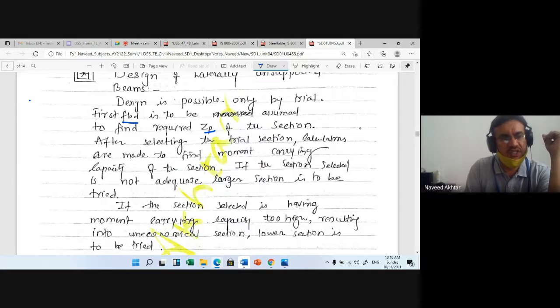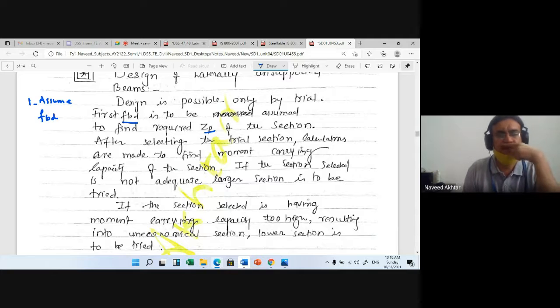So first step, assume fbd, that is bending stress, and second, find out the Zp required, that is nothing but the section modulus required.